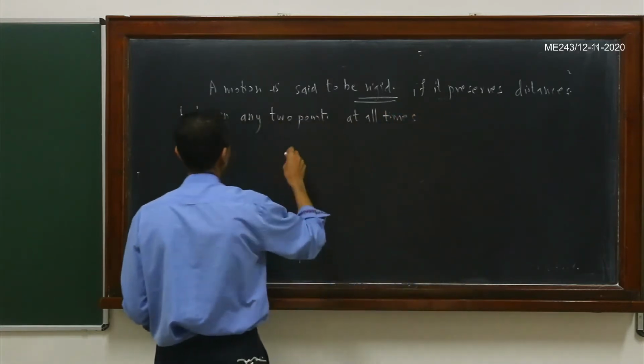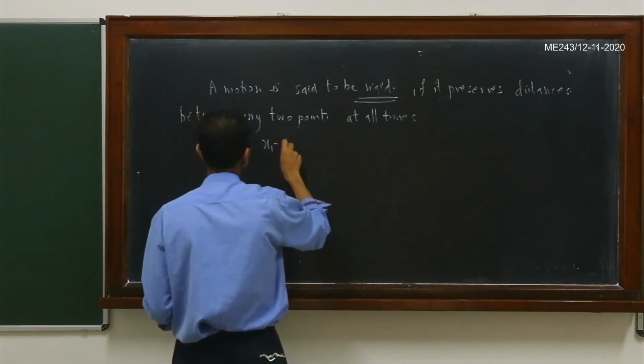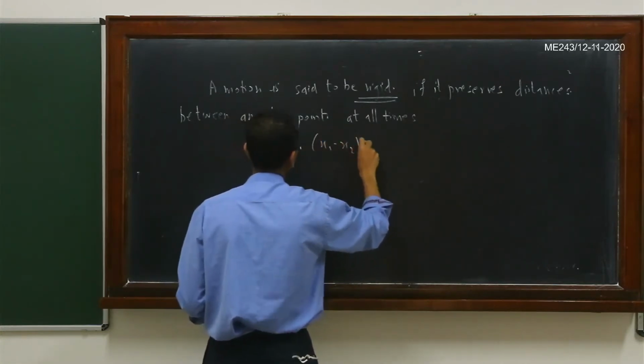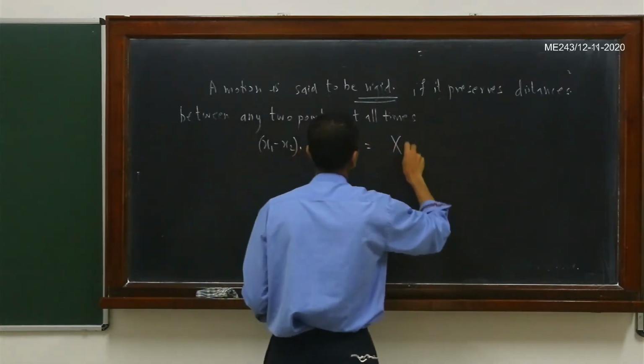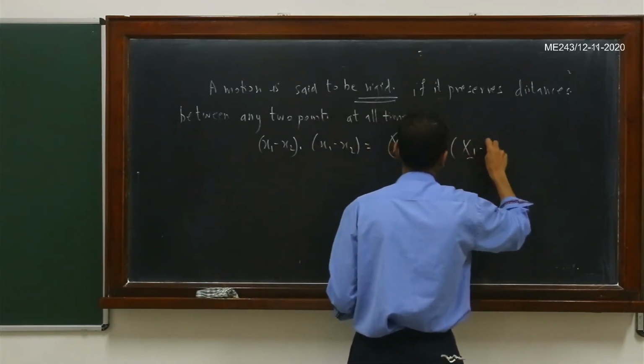That means (x1 minus x2) dot (x1 minus x2) is equal to (x1 minus x2) dot (x1 minus x2), in the deformed and reference configurations respectively.